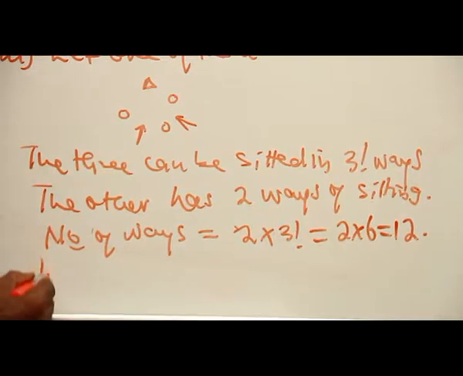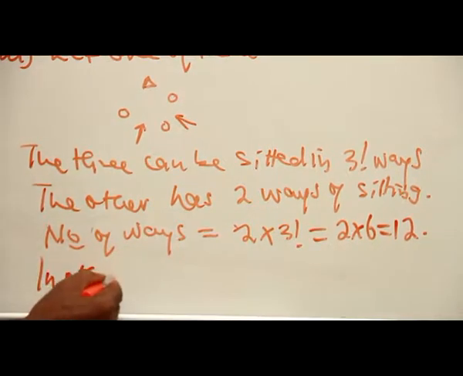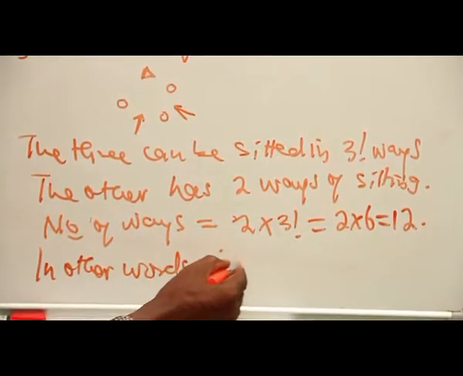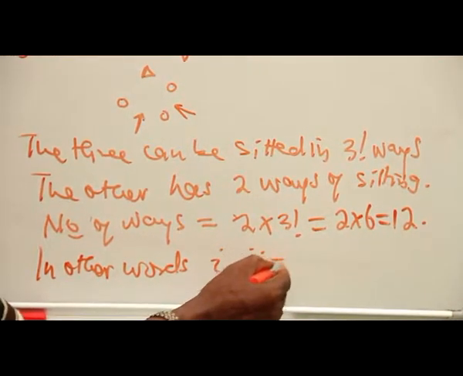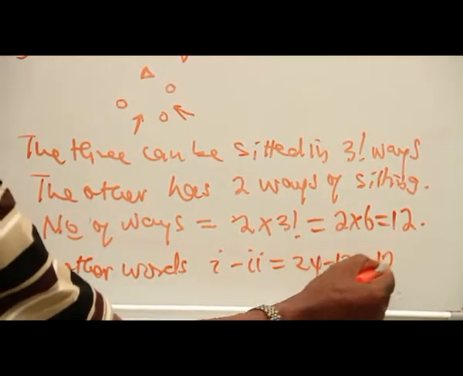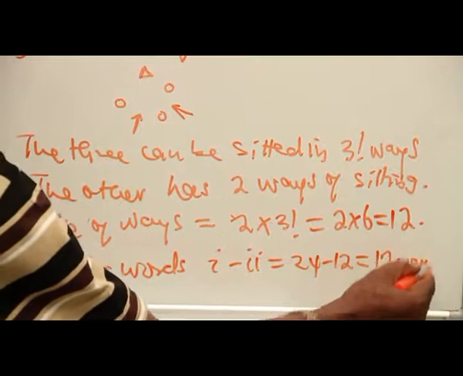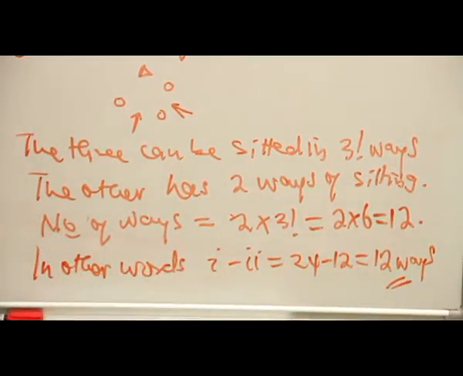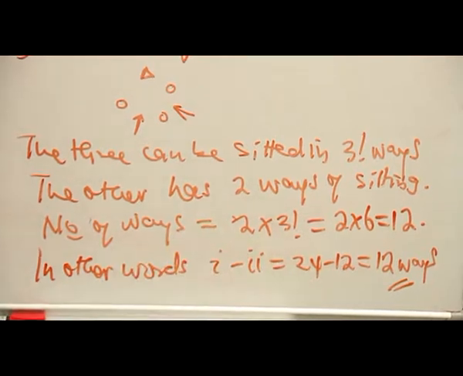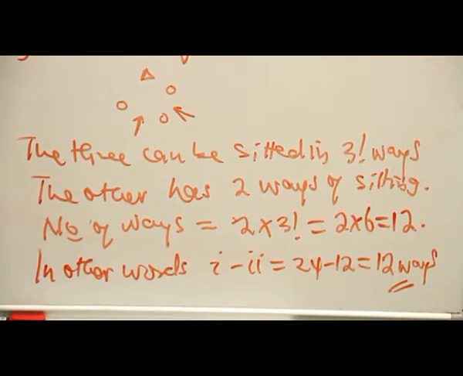In other words, we have 1 minus 2, which is equal to 24 minus 12, and that is equal to 12 ways. This is the short form, if you recognize it, that you can use to solve the problem and you have it accurately as well.